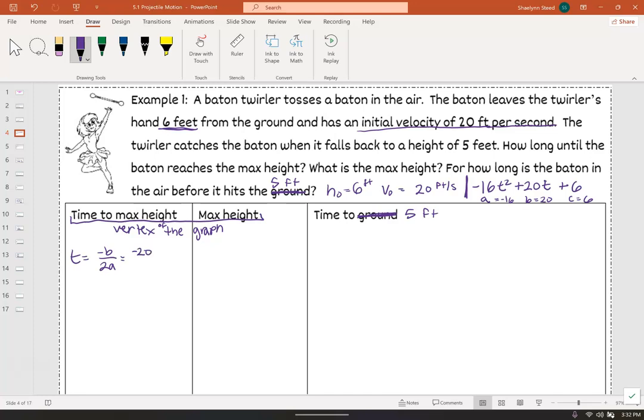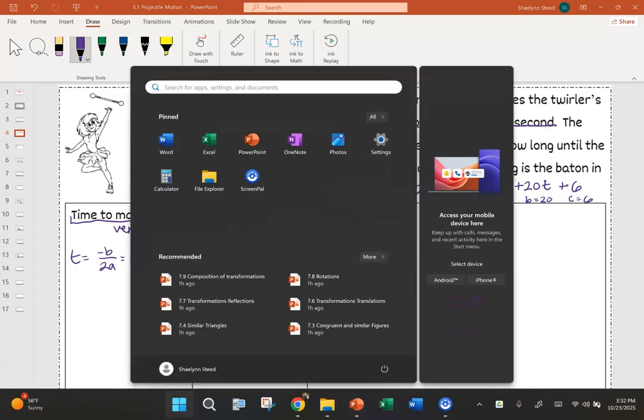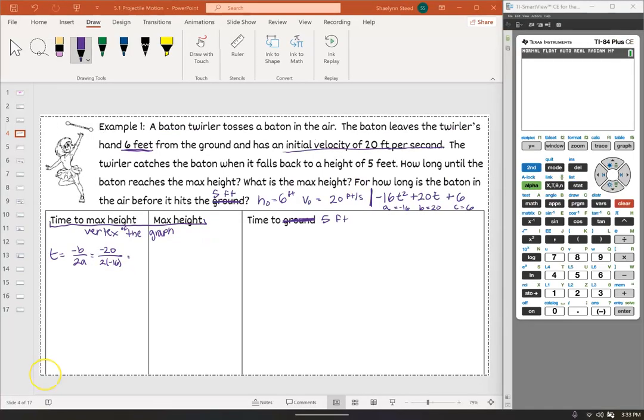So this is going to be negative 20 over 2 times negative 16, which we are going to use a calculator for. Alright, now with our calculator, we can do our negative 20, and then I'm going to turn it into a fraction, over 2 times negative 16. And we're going to get 5/8. We can use 5/8. So we get 5/8.